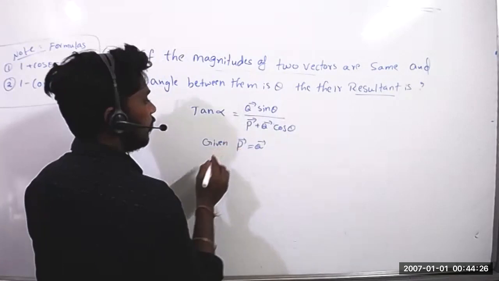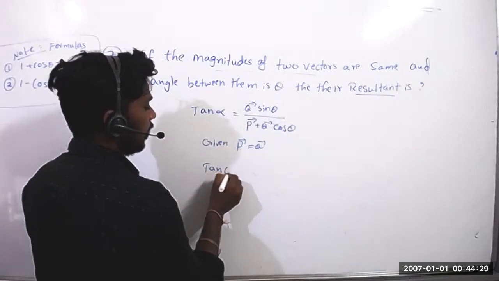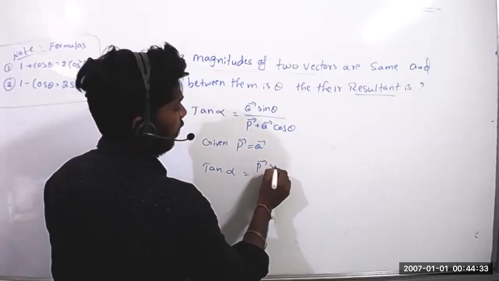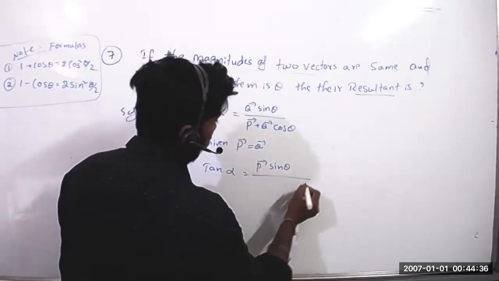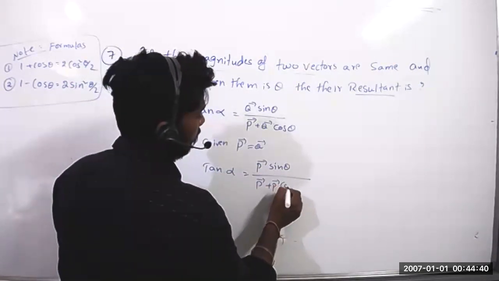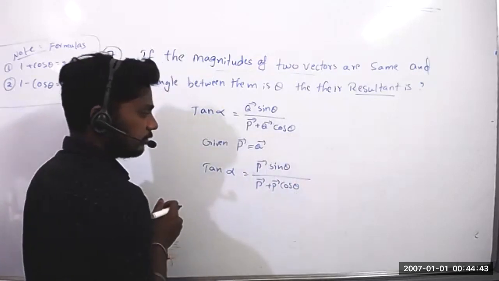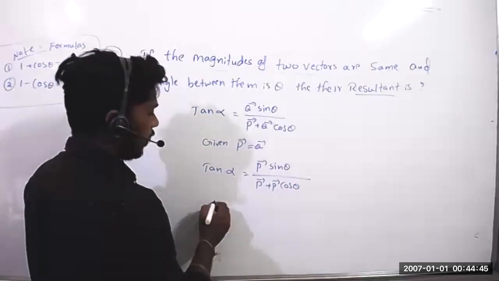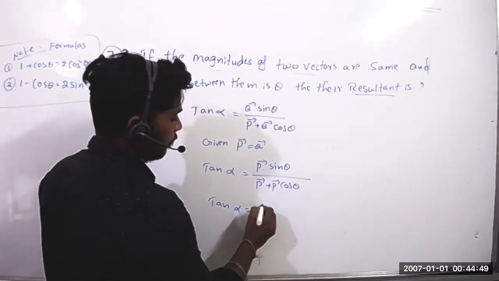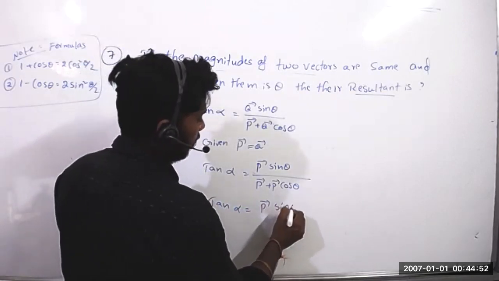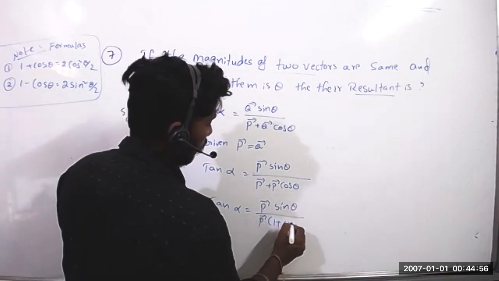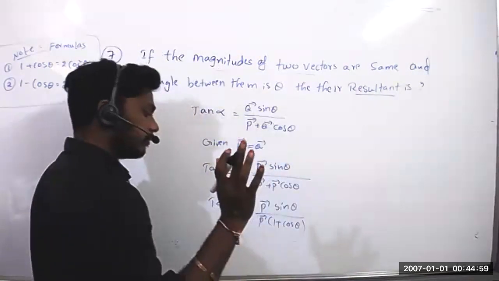So according to that, tan alpha equals P bar sin theta by P bar plus P bar cos theta. Am I correct? Now see again this equation: tan alpha equals P bar sin theta by P bar common, 1 plus cos theta. We have to substitute.